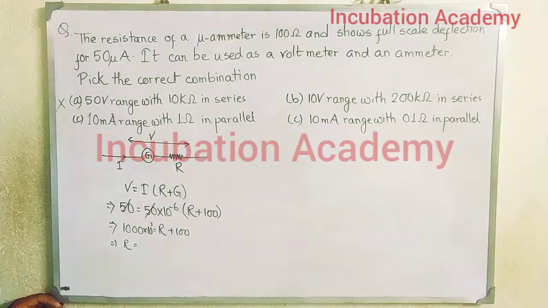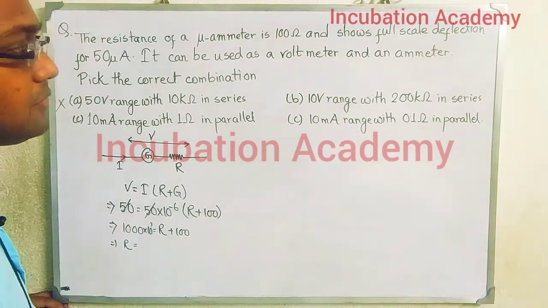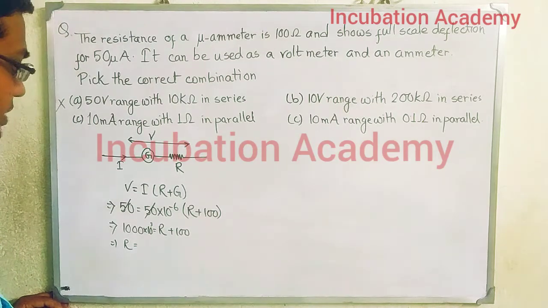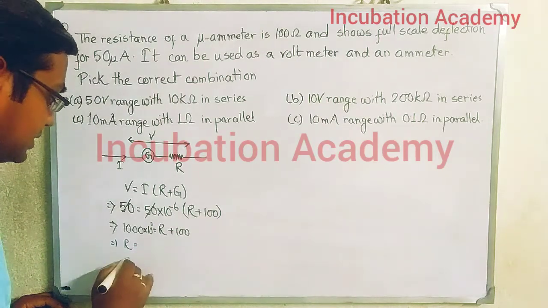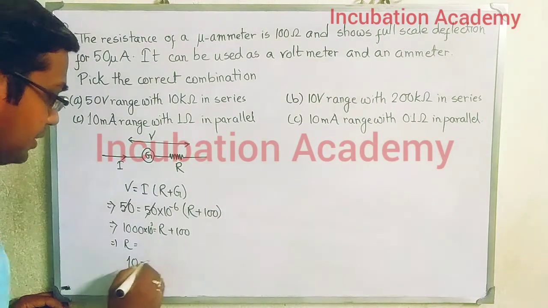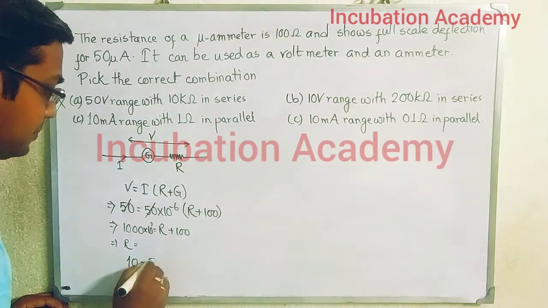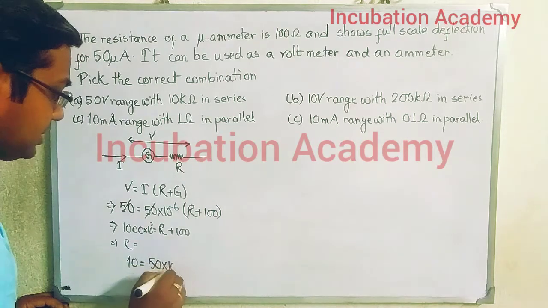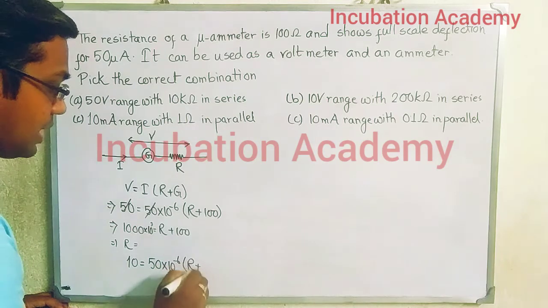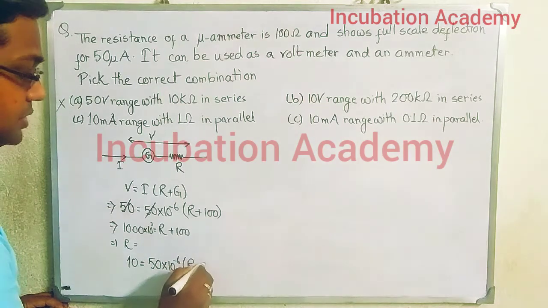The second option is 10 volt range with 200 kilo ohm in series. Let us check: here we should place V equal to 10. The current is 50 microampere, so it is 50 into 10 to the power minus 6, times R plus G, where G is 100 ohm.